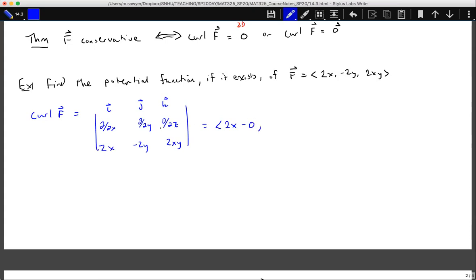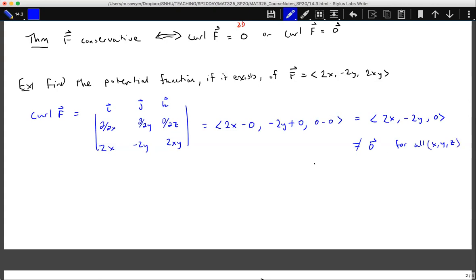In our j component, we get negative 2y plus 0. And in our k component, we get 0 minus 0. So we get 2x, 2y, comma 0. This is not equal to the 0 vector for all x, y, z.